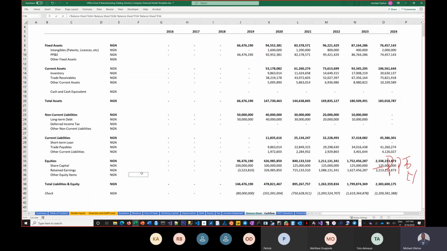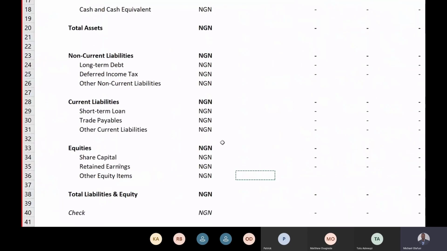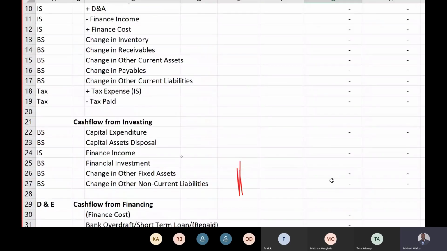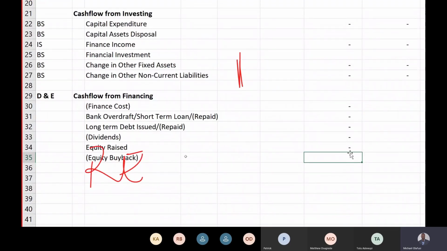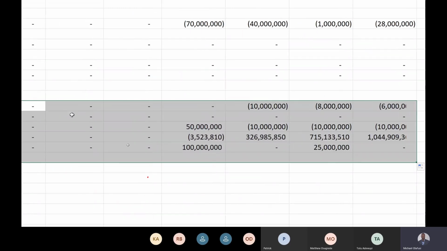So if you look at it, share capital this year minus share capital last year, then other equity items too. Once I do that, I will get the equity we raised, or buyback we made, and that's all we drag into the future.